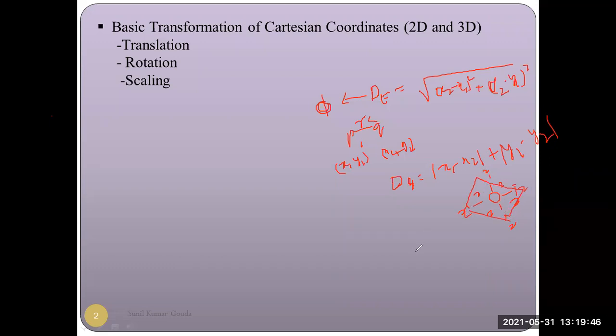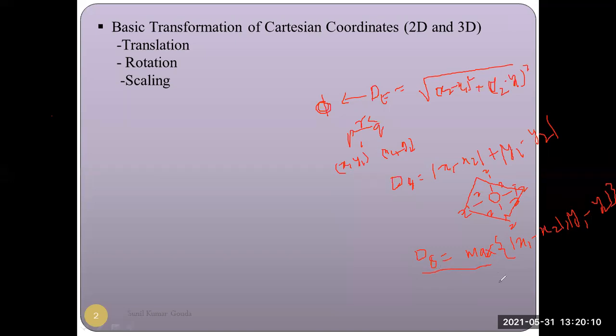The third one is called D8 distance or chessboard distance. What is the formula for that? That is the maximum of either mod of x1 minus x2 or mod of y1 minus y2. This is the mathematical formula for chessboard distance, or D8 distance.